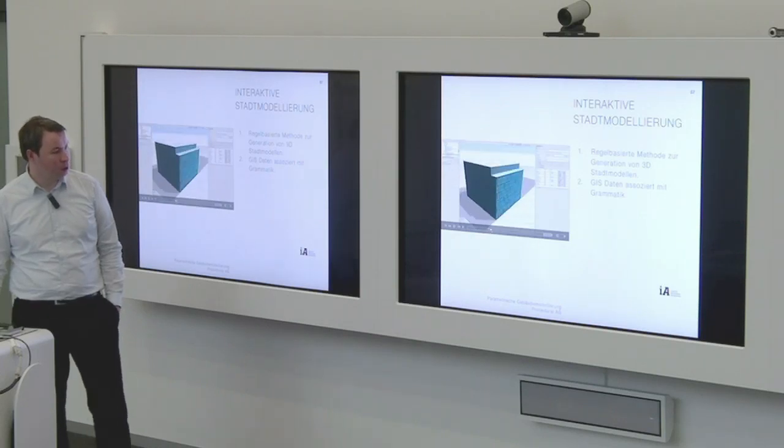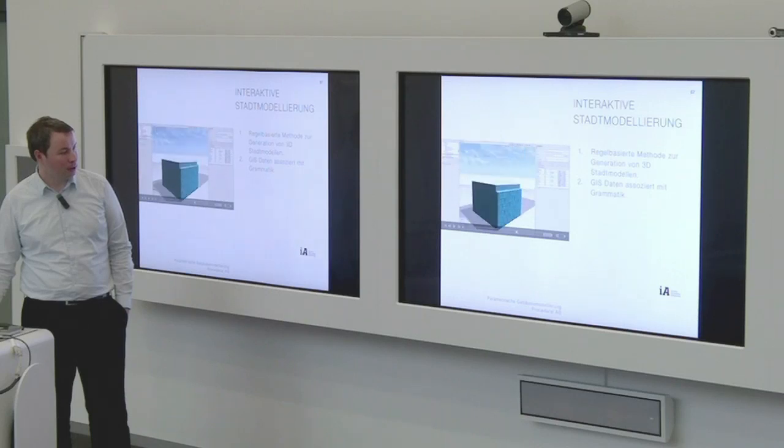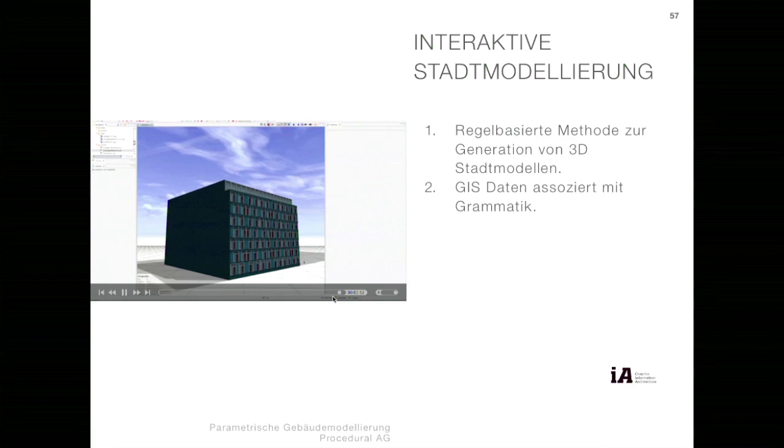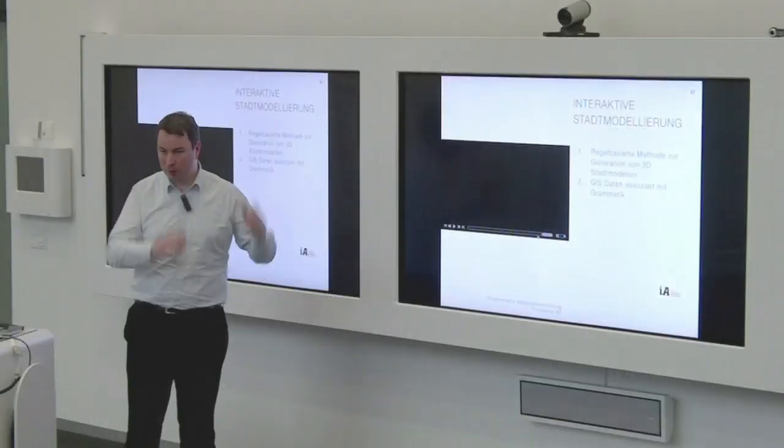Maybe you have a rule for your area that the penthouse needs to have a setback. Maybe it doesn't need to have a setback. Or the windows need to be different, or the building needs to be higher. And you can just adjust, and it will adapt. So you just set the model code once, then you have your GIS data, and everywhere where you have building type A, it will just come up automatically.